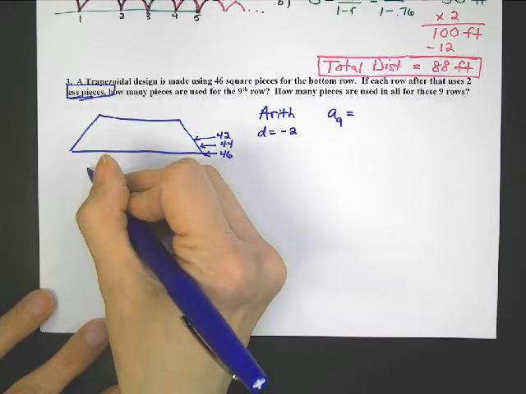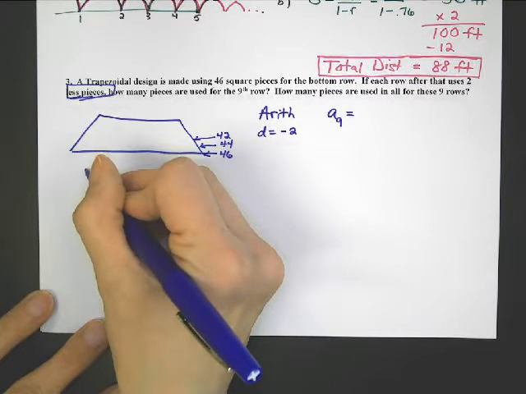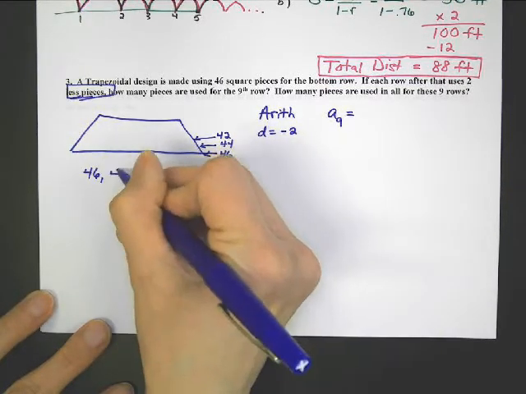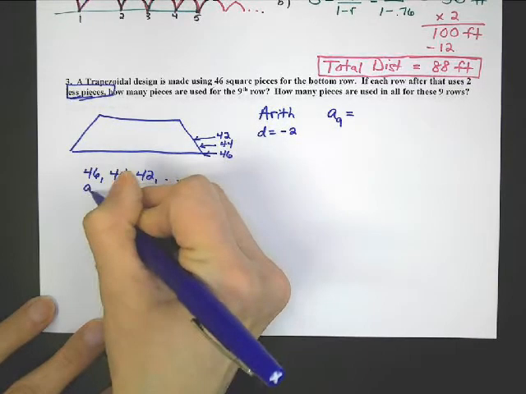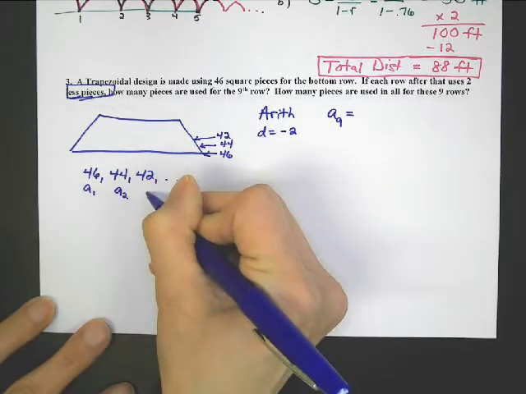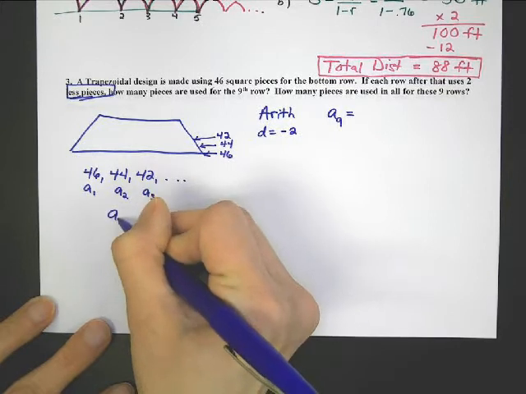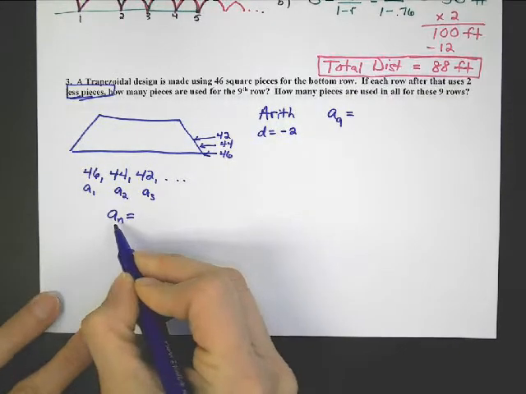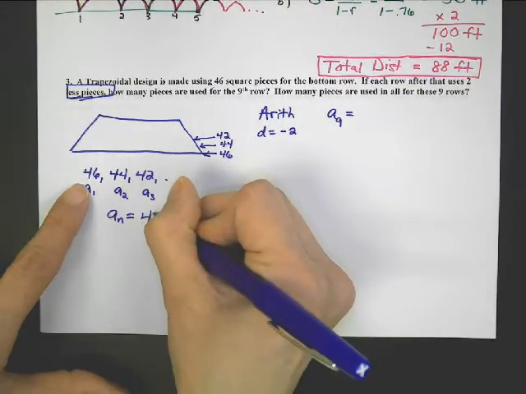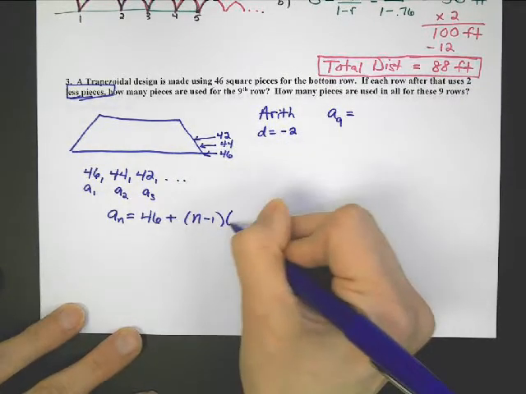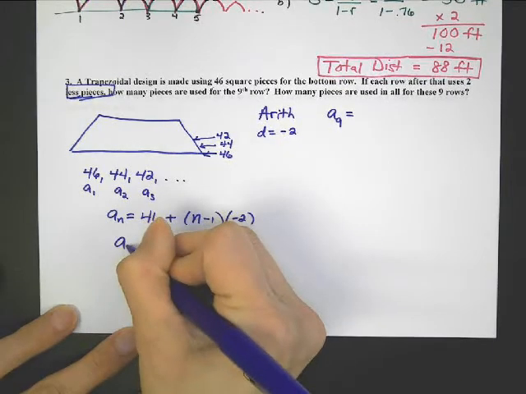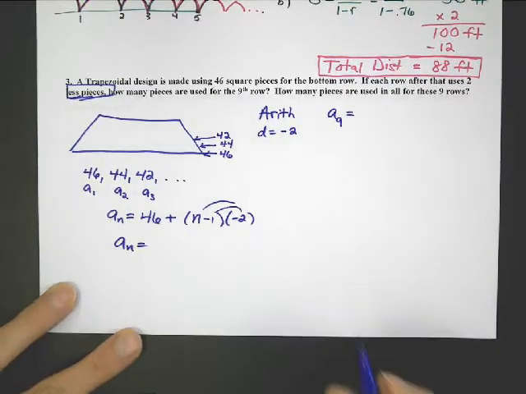So I've got 46 is the first term, 44 is the second, 42, dot dot dot, A1, A sub 2, A sub 3. The arithmetic explicit term is A1 plus n minus 1 times the d, which is negative 2. Don't forget the parentheses. Then we'll go ahead and clean it up.